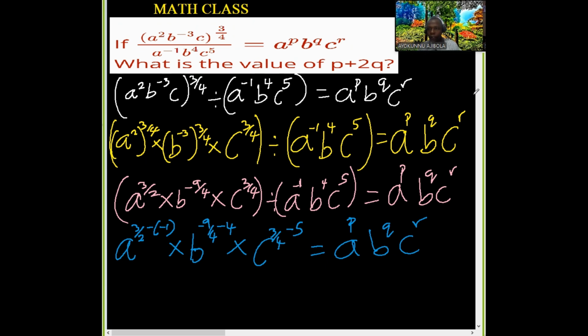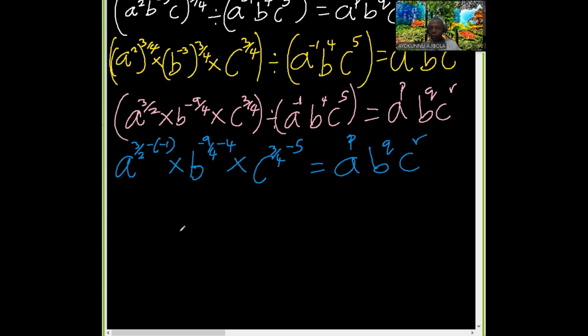Now this is going to change to positive because minus times minus is plus. So that will be a raised to power 3 over 2 plus 1. Instead of writing that, all I need to do is just find the LCM, which is 2. 2 into 2 is 1, 1 times 3 is 3, so 3. Then 2 into 1 is 2, 2 times 1 is 2, so 3 plus 2.